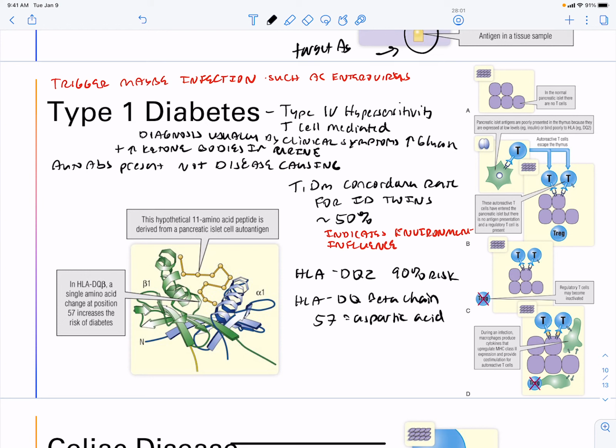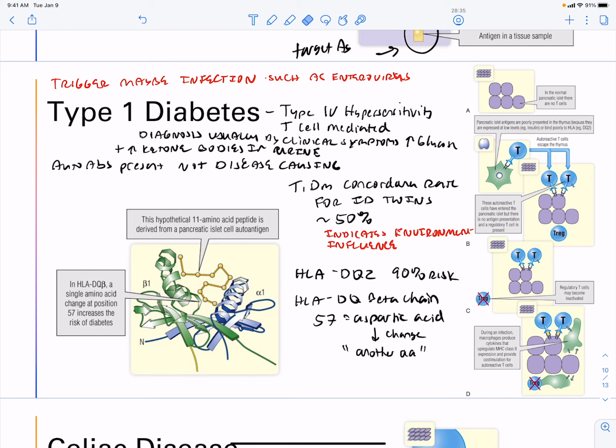And your HLA-DQ2 at position 57, with the higher risk, is going to have another amino acid in place of aspartic acid. And this other amino acid can be many different types. So this will increase your risk for type 1 diabetes.